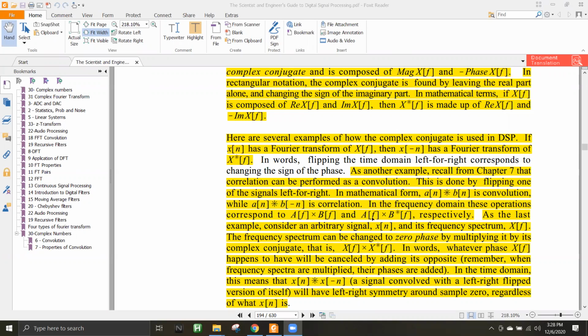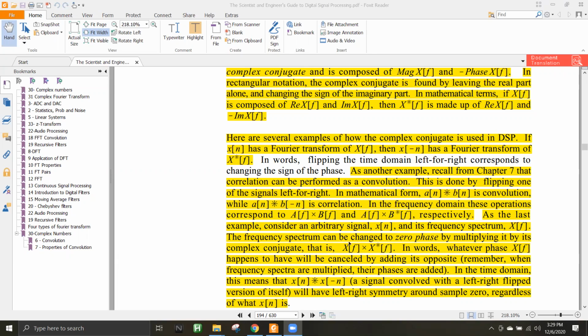If you want to perform correlation, we just perform multiplication with the complex conjugate of B. That means b[-n] in the frequency domain would be equivalent to the complex conjugate of capital B, right? So the complex conjugate of capital B can be just multiplied with A, and we would get the correlation operation simply.